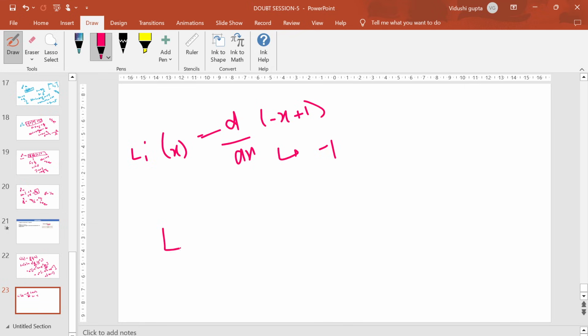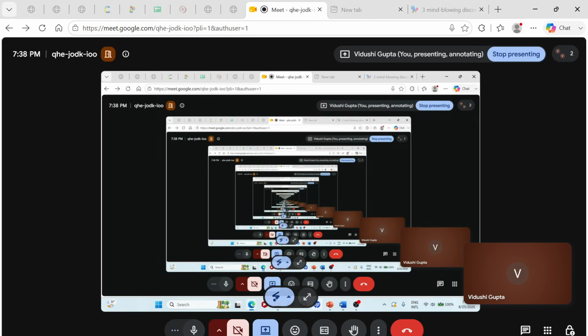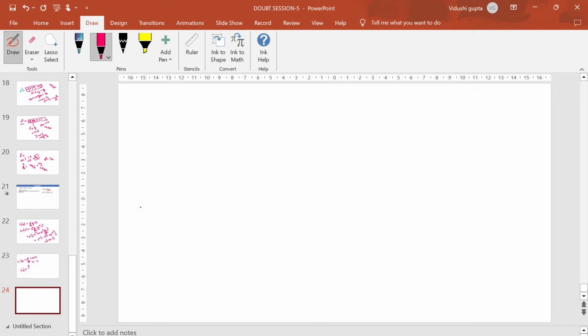Similarly, let's solve for L21. So L21 means your P is 1, your Q is 2.